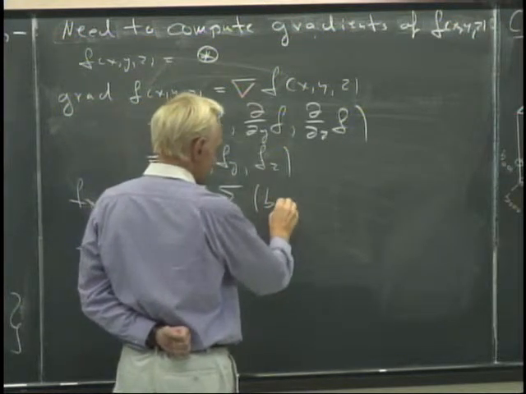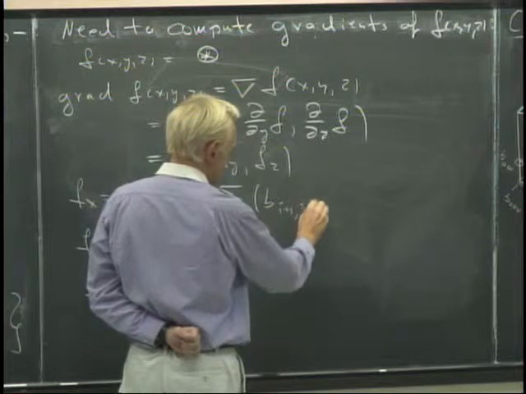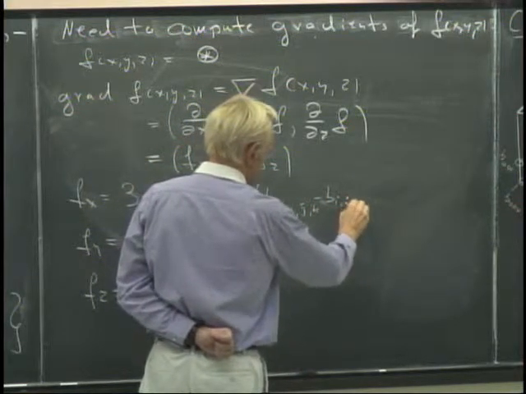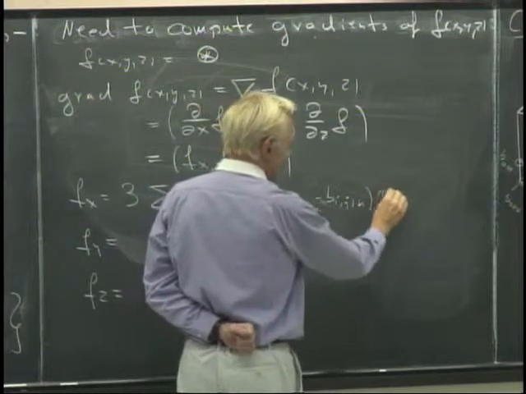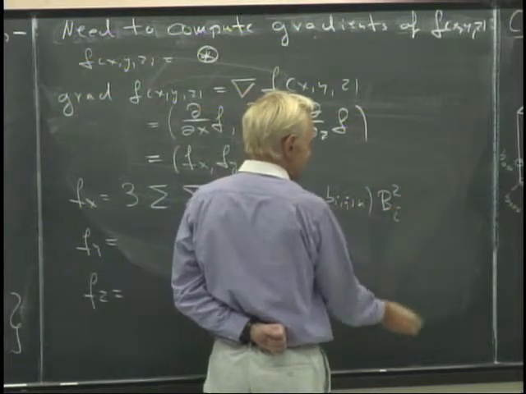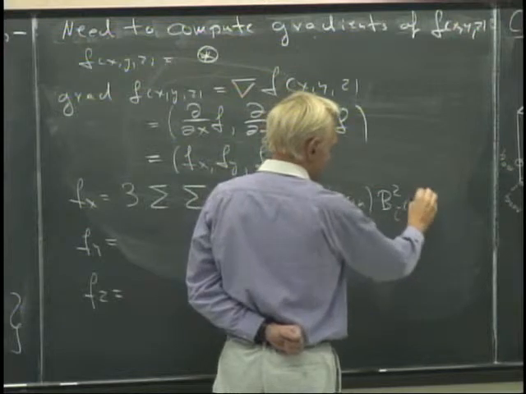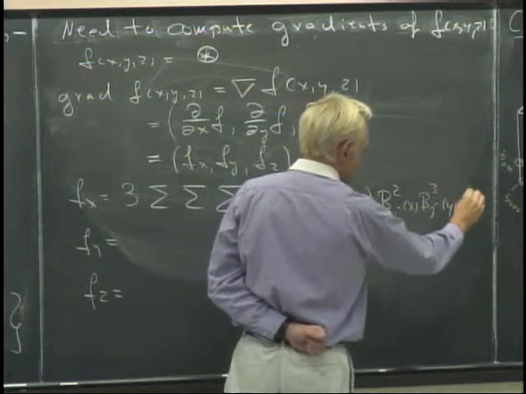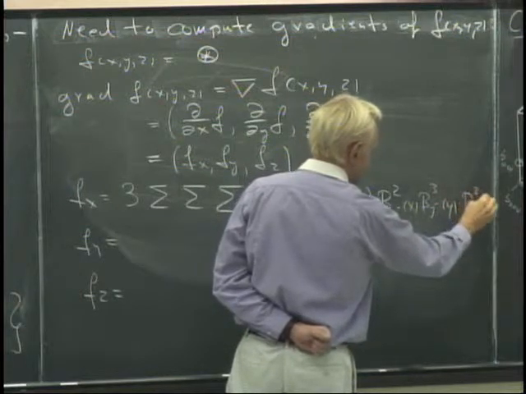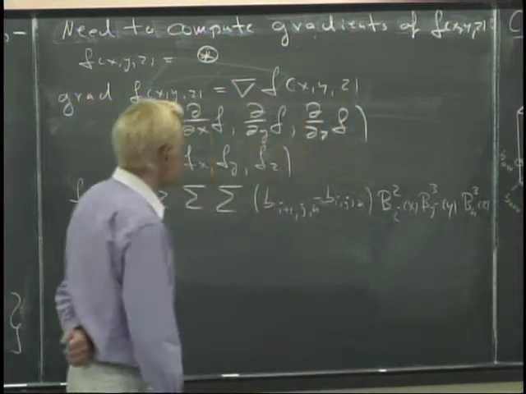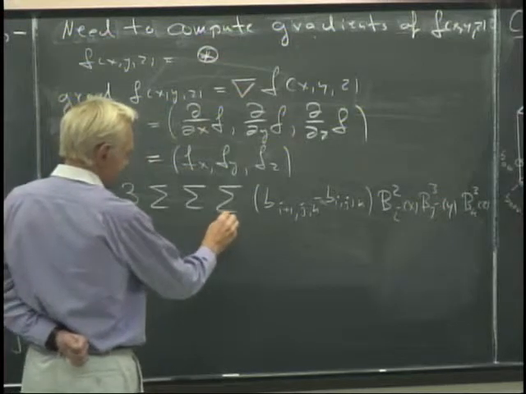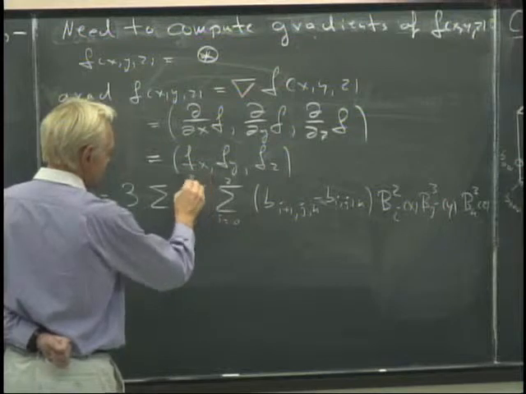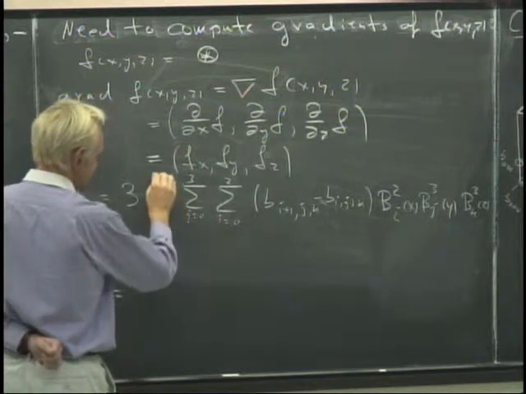It has to be b i plus 1 j k minus b i j k times b i of 1 degree less, 2, of x times b j still cubic of y times b k still cubic of z. And the coefficients i from 0 to 2, j 0 to 3, and k 0 to 3.